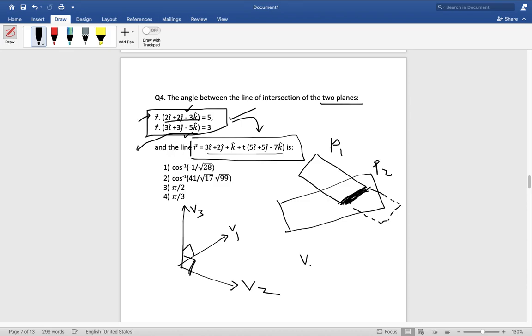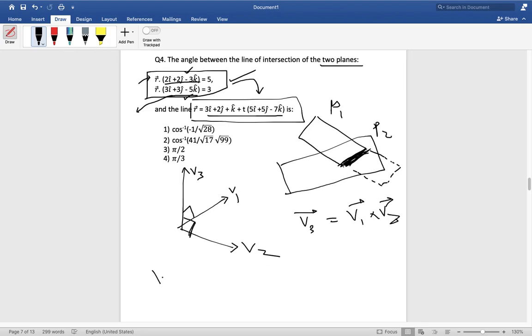So we know that v3 is what? v1 cross v2. So the equation of this line is nothing but the cross product of these two. This line is parallel to the cross product of these two vectors.